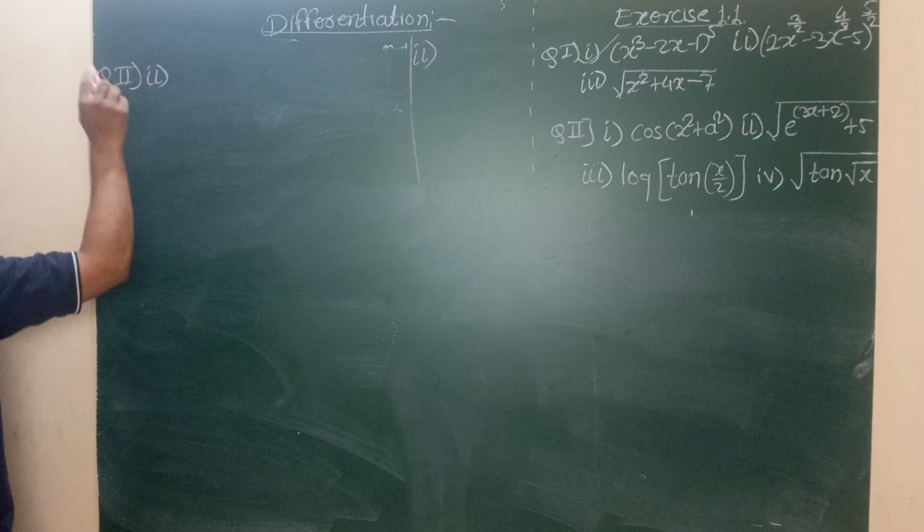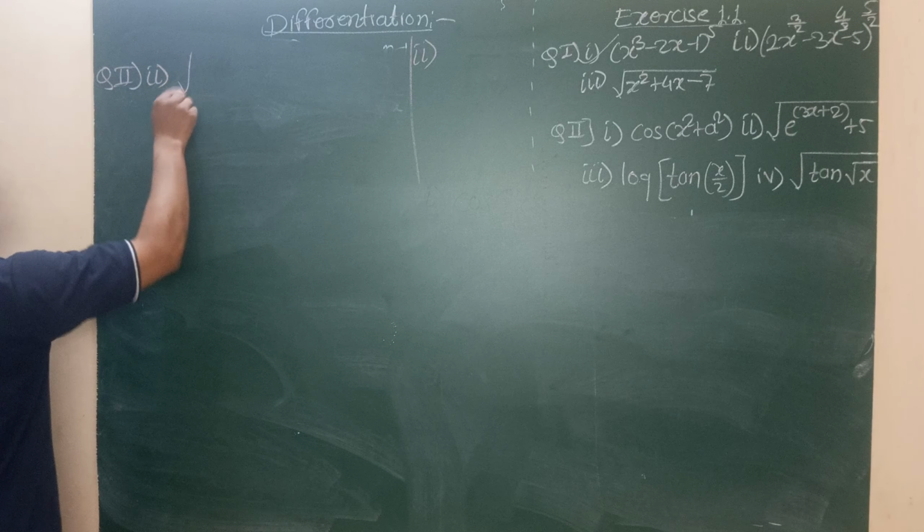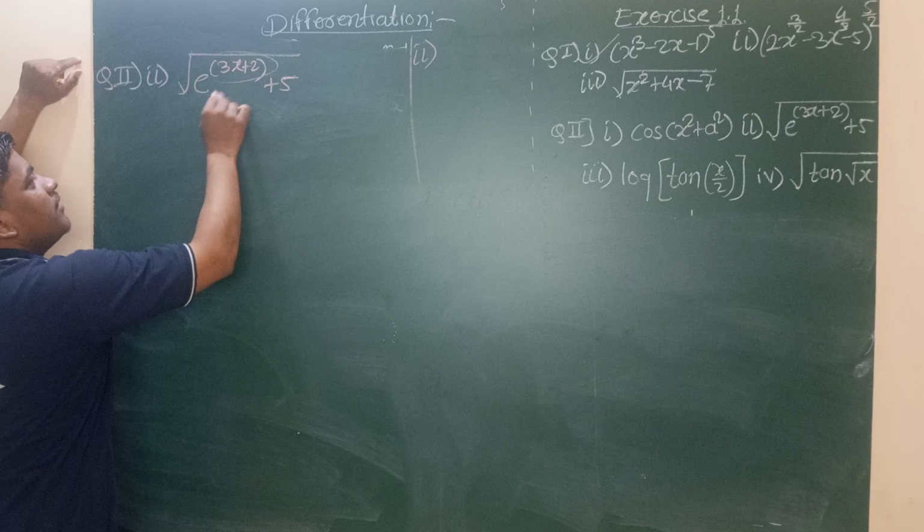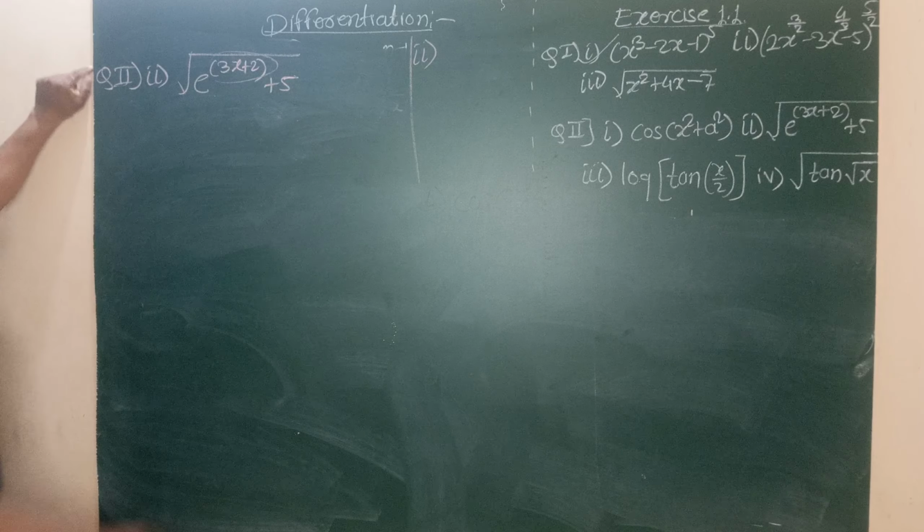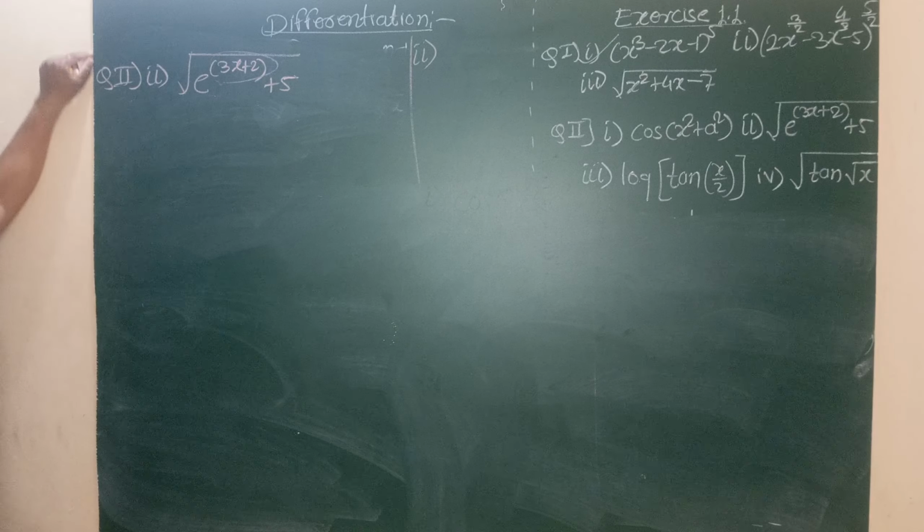The second question from question number 2 is under root of e raised to 3x plus 2, plus 5. Here e raised to x plus 5 is a function, and at the place of x we have 3x plus 2, which is the function hidden in f of x.